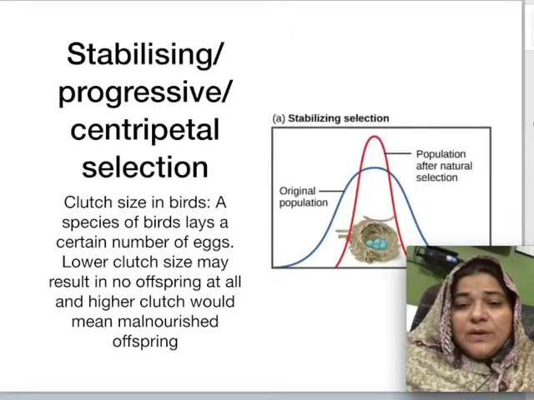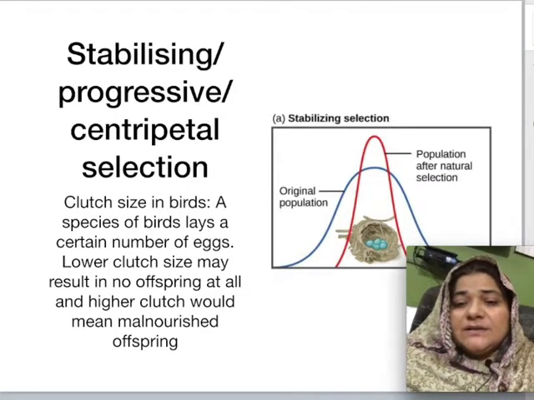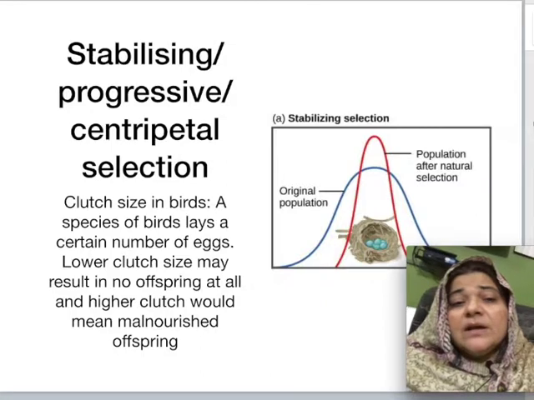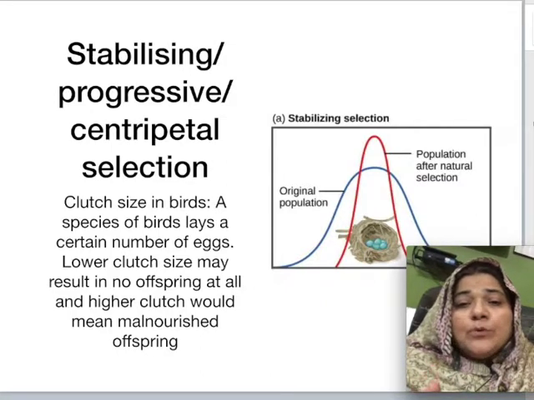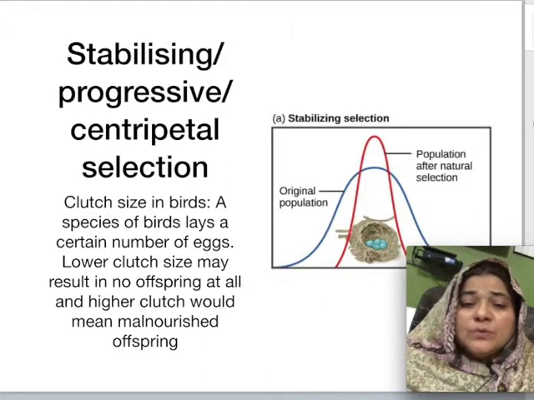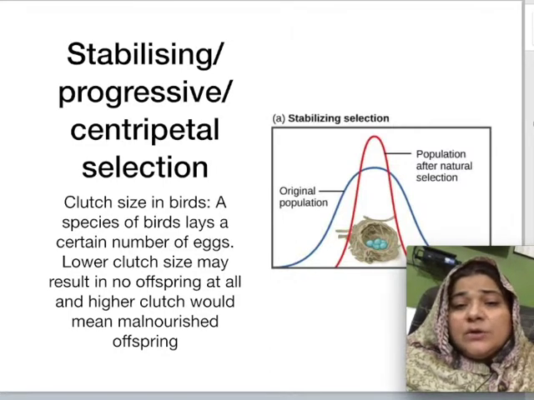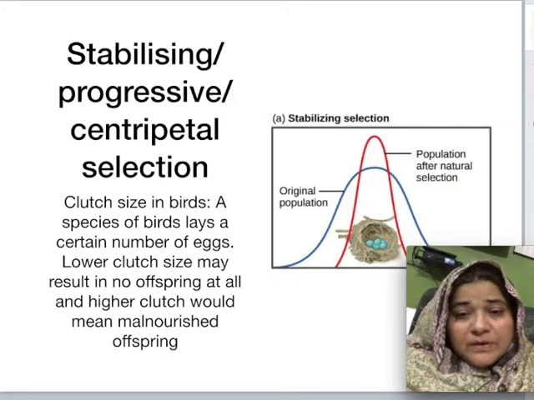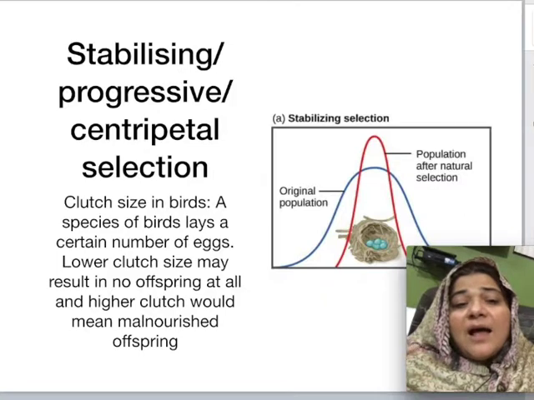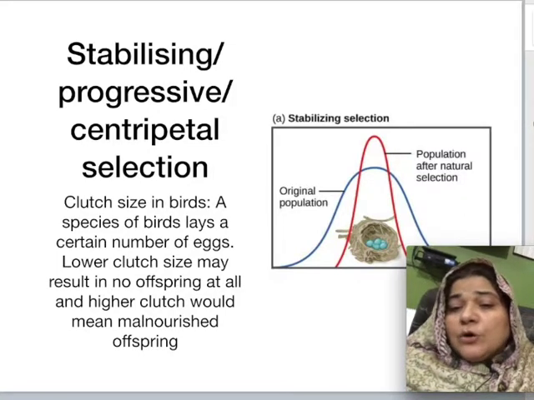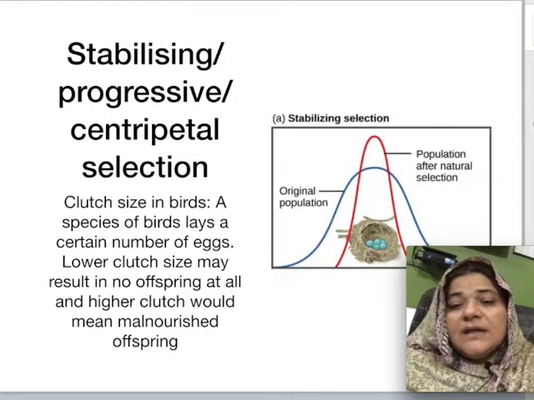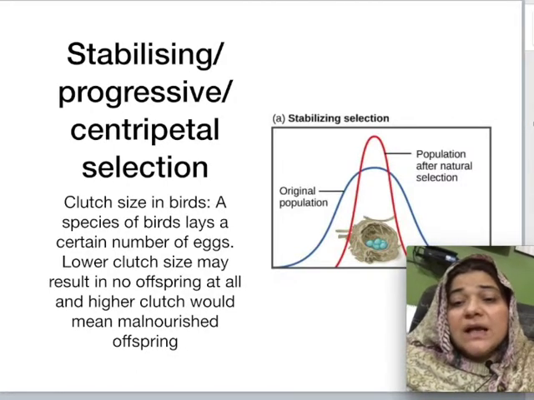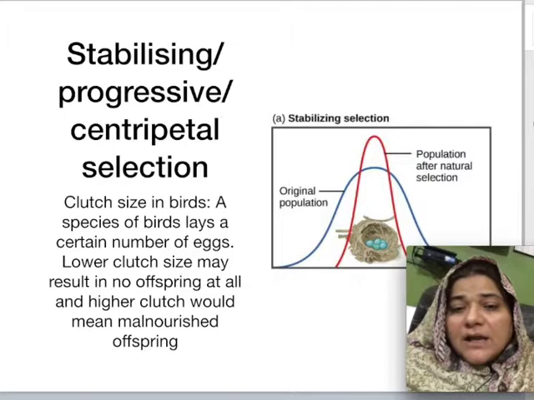So on the one extreme we have low clutch size, on the other extreme we have very high clutch size, and both are not good for this species, because while the low clutch size is bad for the viability of the population, the high clutch size will also have a bearing on the investment that the parent of the species has to make on the clutch.